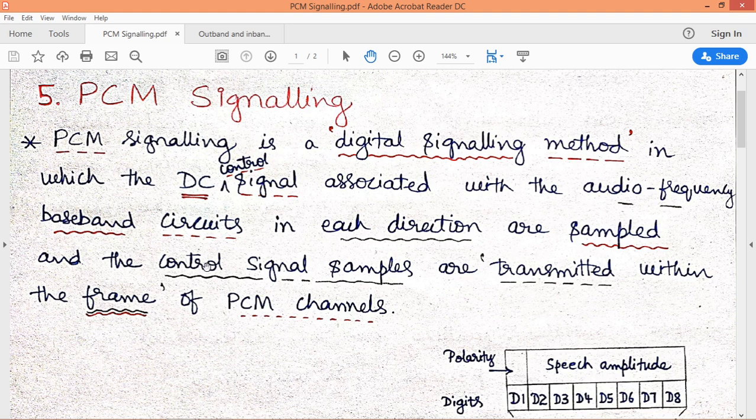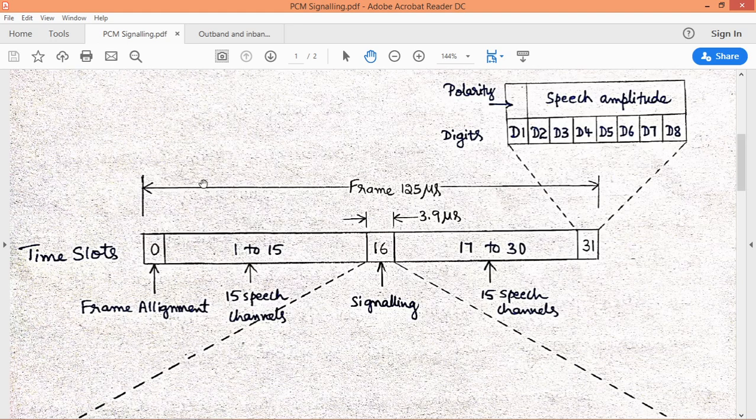As defined, control signal samples are transmitted within the PCM frame of PCM channels. We discussed before how PCM channels form a PCM highway when we discussed the space switch as well as the time switch. There we also discussed how a PCM frame looks. So this is how a PCM frame would look.